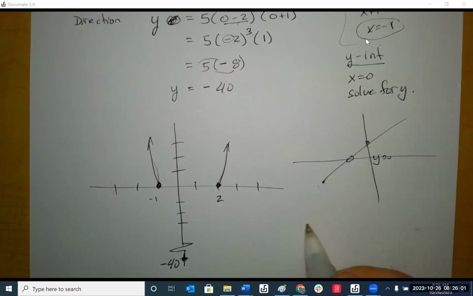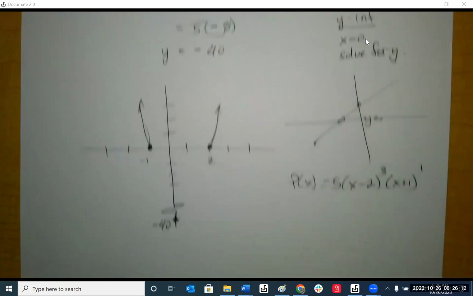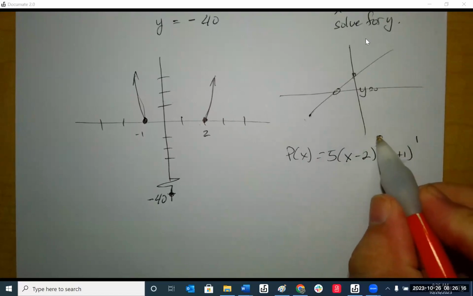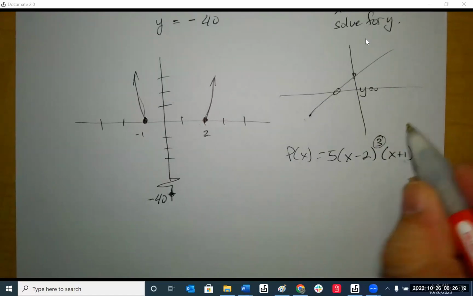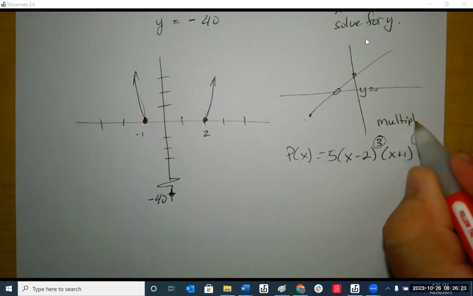Okay, now, remember, our polynomial was factored out into this. These exponents here are called the multiplicity.